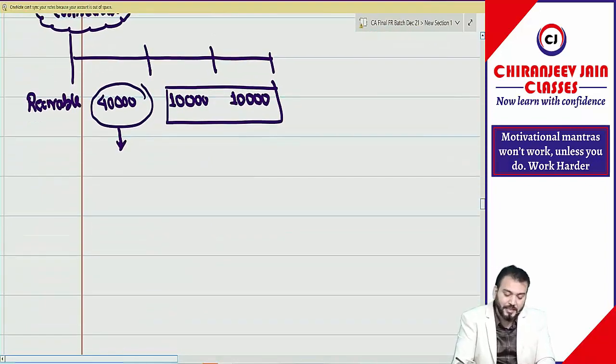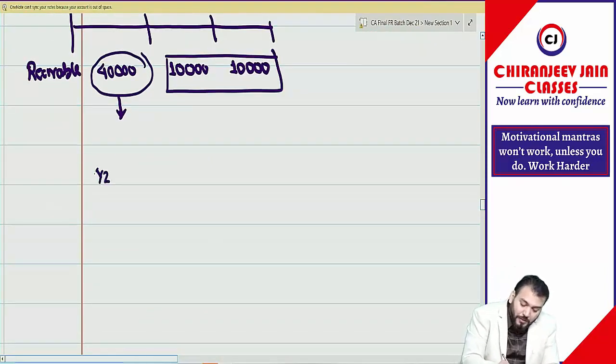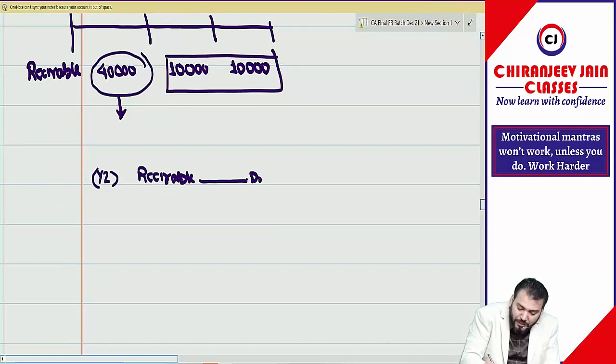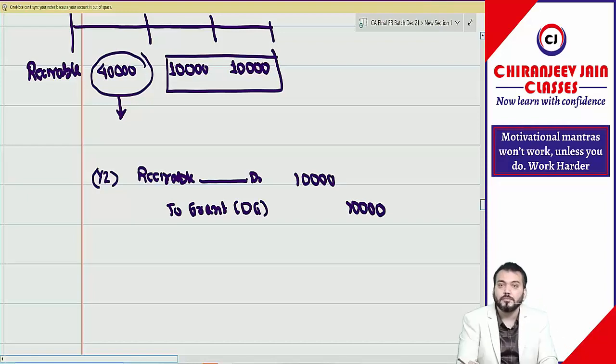Correct. Then year 2. Once again we'll say receivable account debit to what? Grant, and that will be deferred grant. Now how much is receivable? 10,000. Means, after this journal entry, what is my deferred grant?